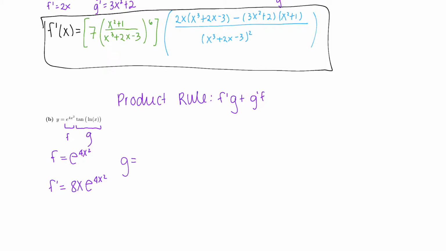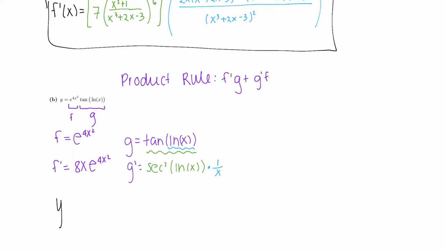For g, we have tangent of ln x. This is the inside part, outside part. For g prime, the derivative of tangent is secant squared, and then leave the inside alone. So you have secant squared of ln x. And then the derivative of the inside, the derivative of ln x, is 1 over x.